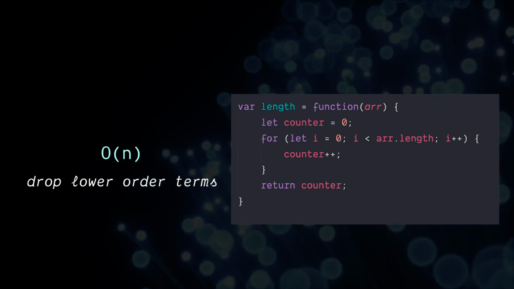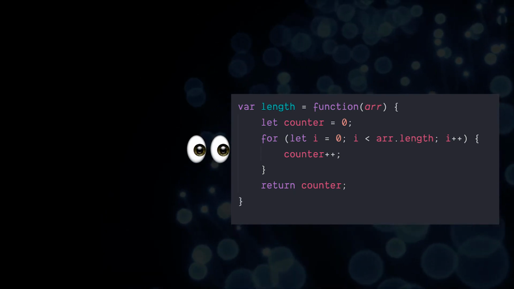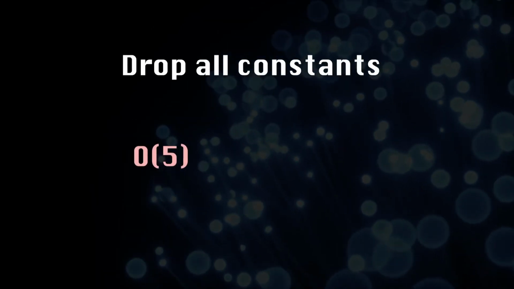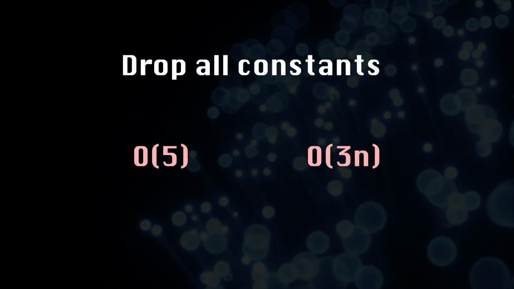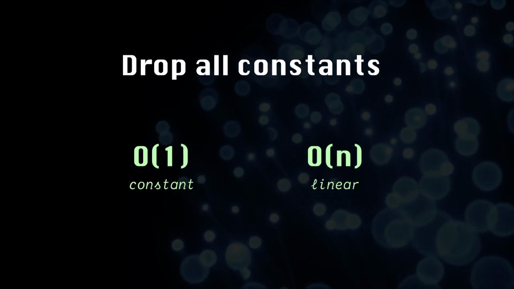And you can do this quickly by scanning through, looking for things like loops, sorting, and other stuff that we'll get into soon. We also simplify by dropping any constant, so if we have O of 5 or 3n, we just drop that constant term to be more clear about what order we are in, because that's what we care about.